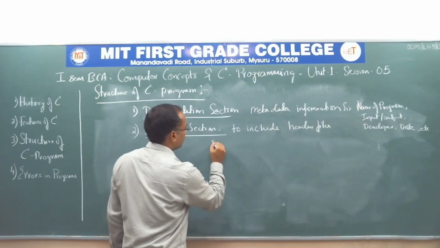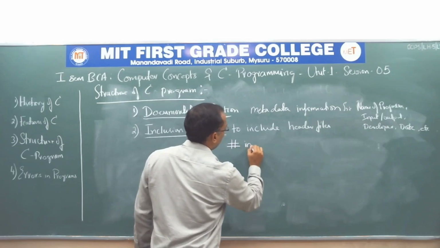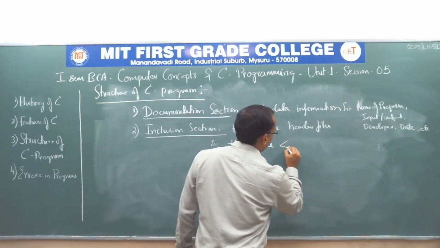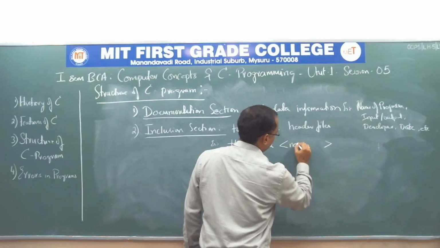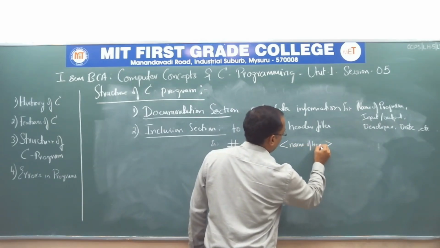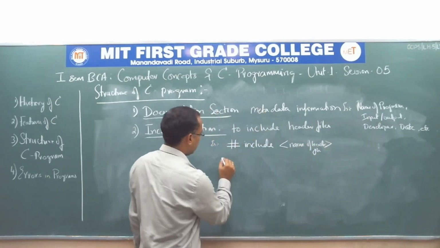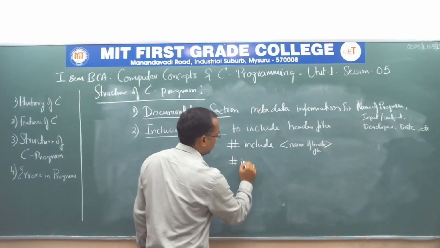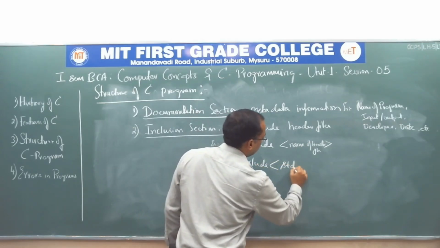And to include header files, you have to use a hash symbol, include, and then followed by the name of the header file. So in this we can say hash include, one example, stdio.h.